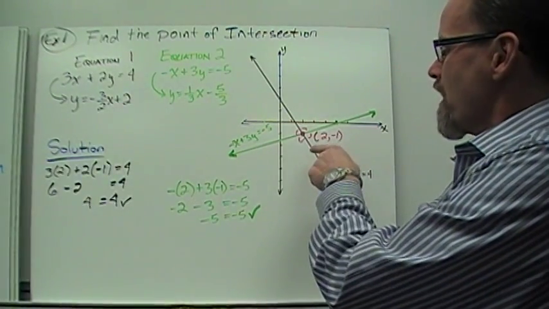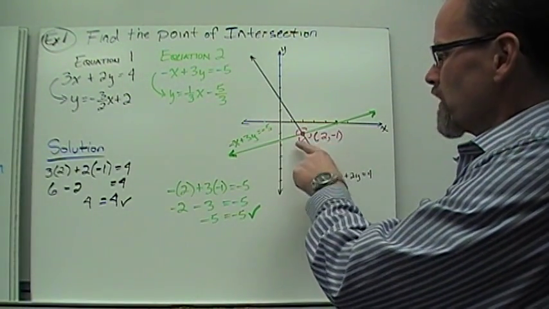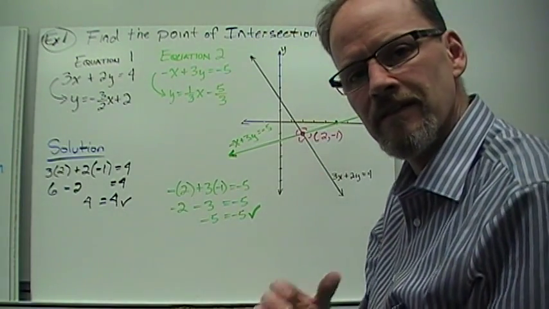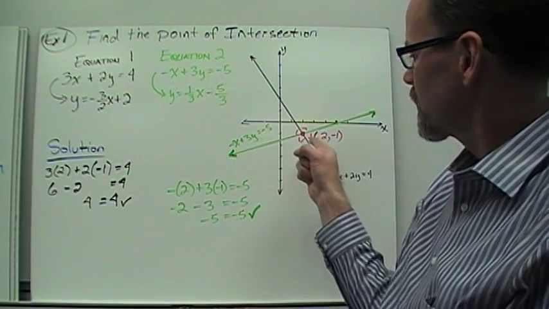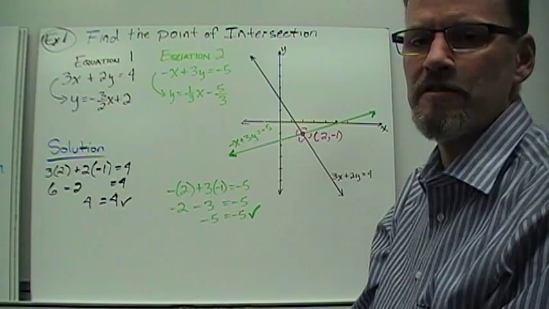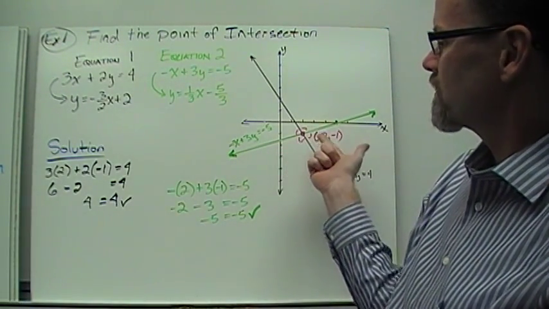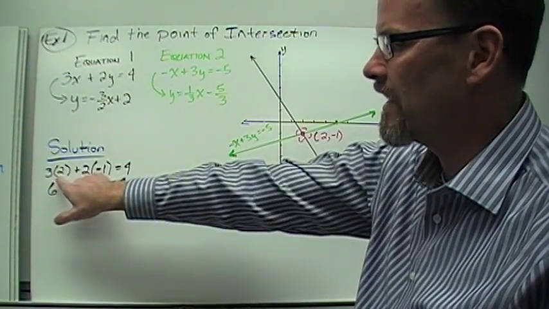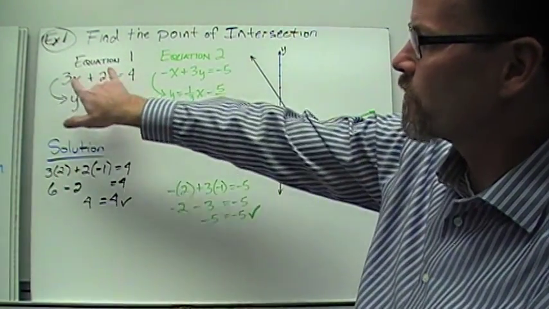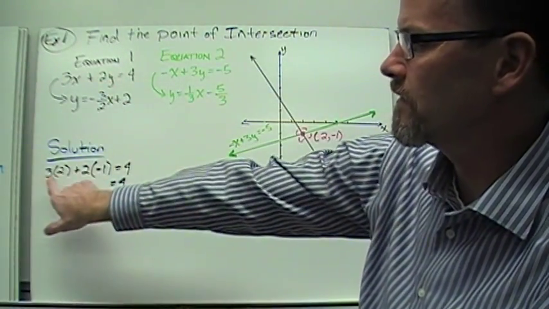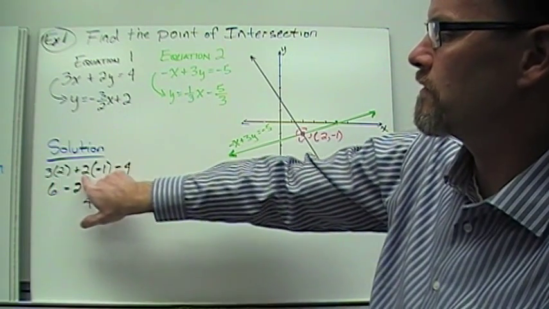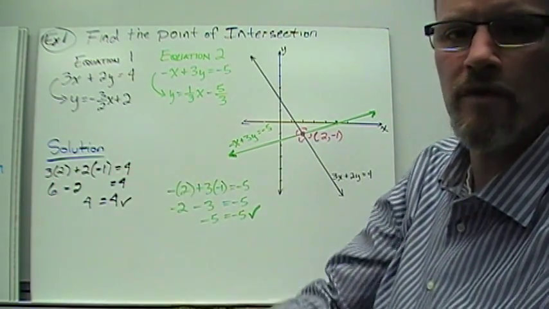When I graph them out, I'm going to estimate the solution this time. I take a look and I think it's going to be at 2, negative 1. Once I do that, I plug it in. I take my original equation, 3 times 2 plus 2 times negative 1 equals 4.